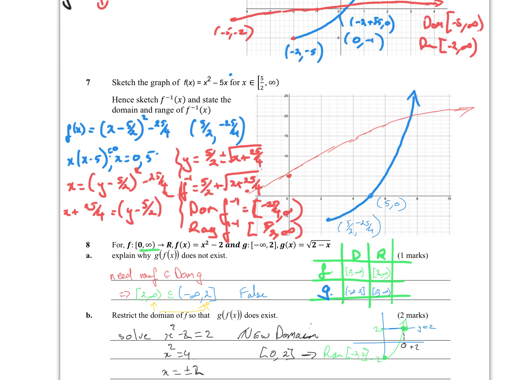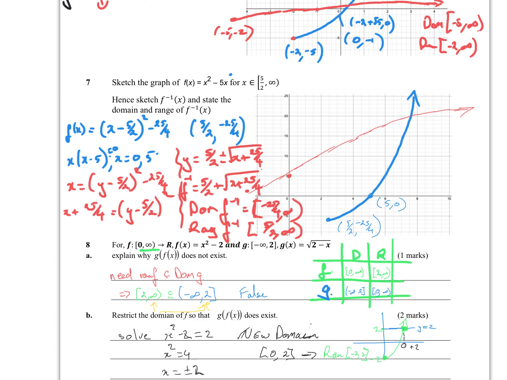To finish it off now in part 3, the rule of g of f of x, so where's g? g of f of x will equal square root of 2 minus whatever f of x happens to be, which in this case is x squared minus 2, which is equal to square root of 2 minus x squared plus 2, because that negative sign multiplies through, 4 minus x squared.